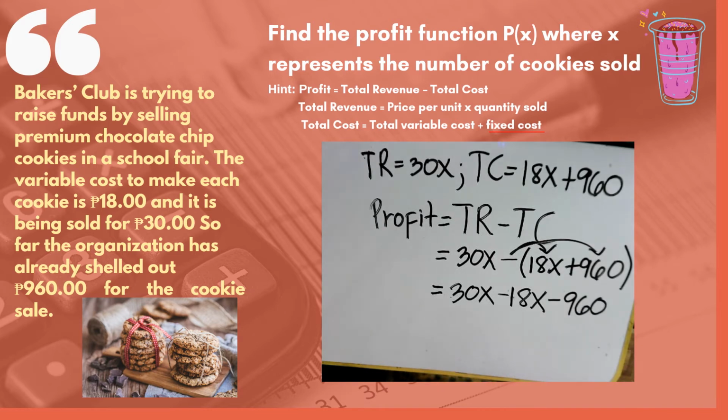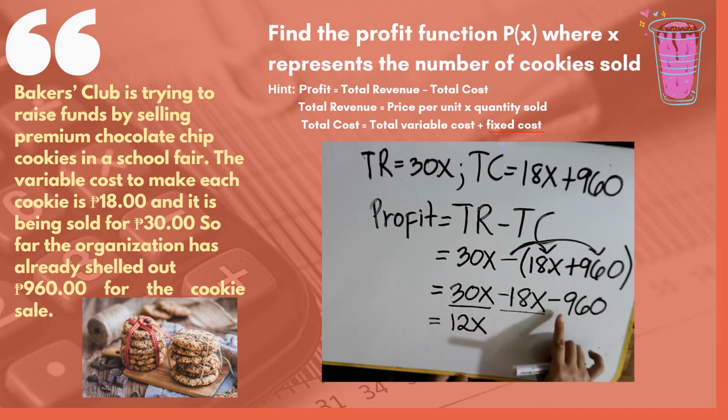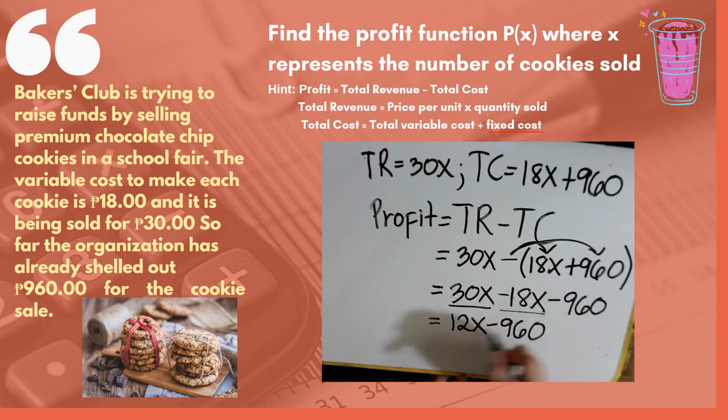960. Ayan. And from this, we can combine 30x and negative 18x. Combining 30x and negative 18x will give us positive 12x. And then, copy lang natin yung negative 960.